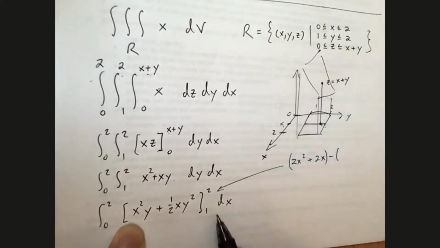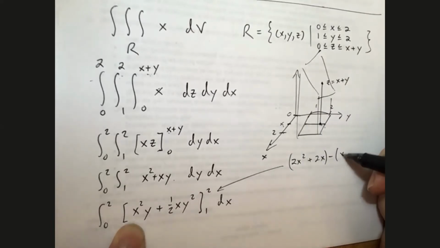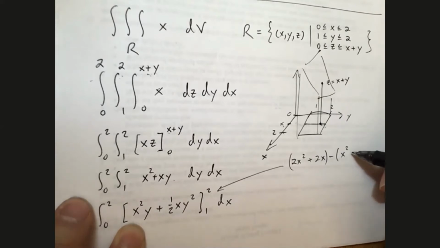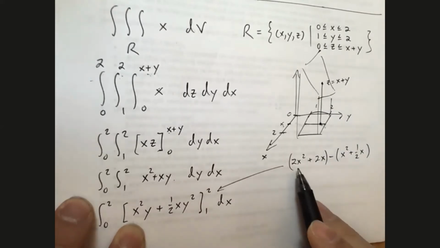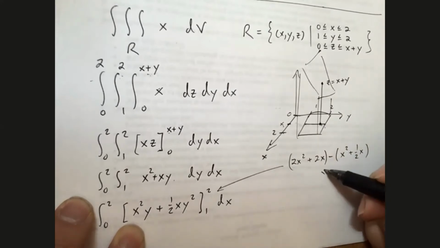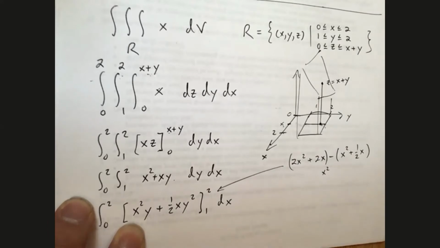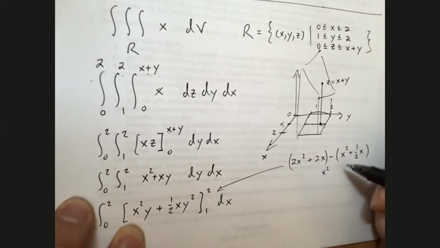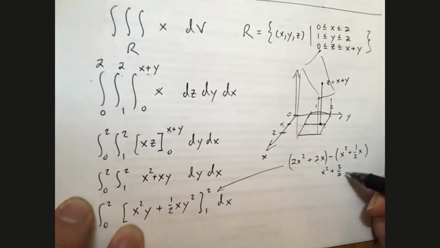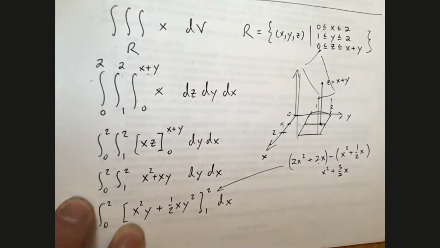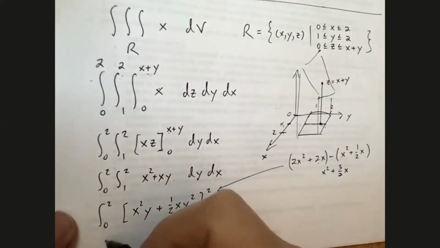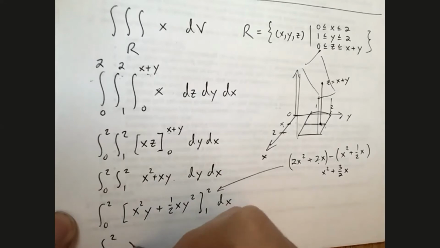And then when I plug in 1 for y, I get x squared plus 1/2 x. And then when I simplify this, 2x squared minus x squared is just x squared. 2x minus 1/2 x is 3/2 x, right? So that's all that is. So I'm just doing the integral from 0 to 2 of x squared plus 3/2 x.